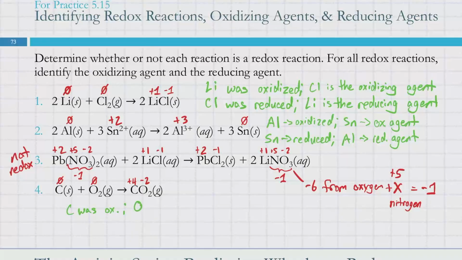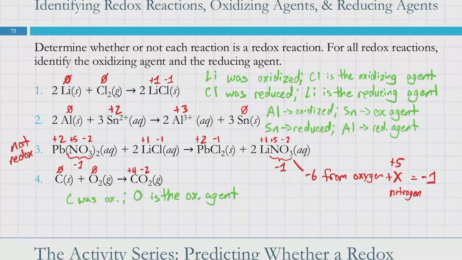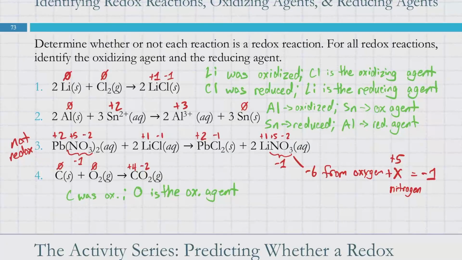That means that oxygen is the oxidizing agent, which shouldn't be surprising because it's named after that. Although I think sometimes it's the reducing agent, so it's not all the time. And then oxygen went from a 0 oxidation state to a -2, which is a reduction in oxidation state number.